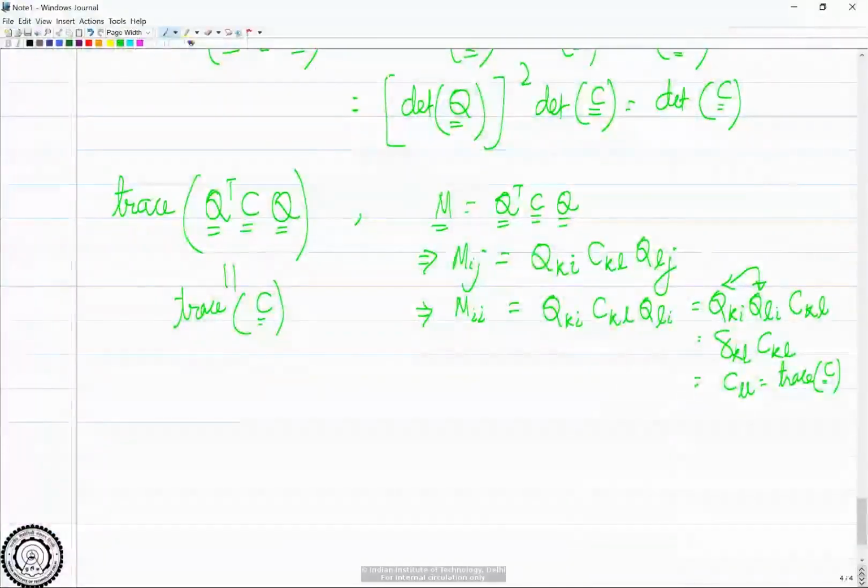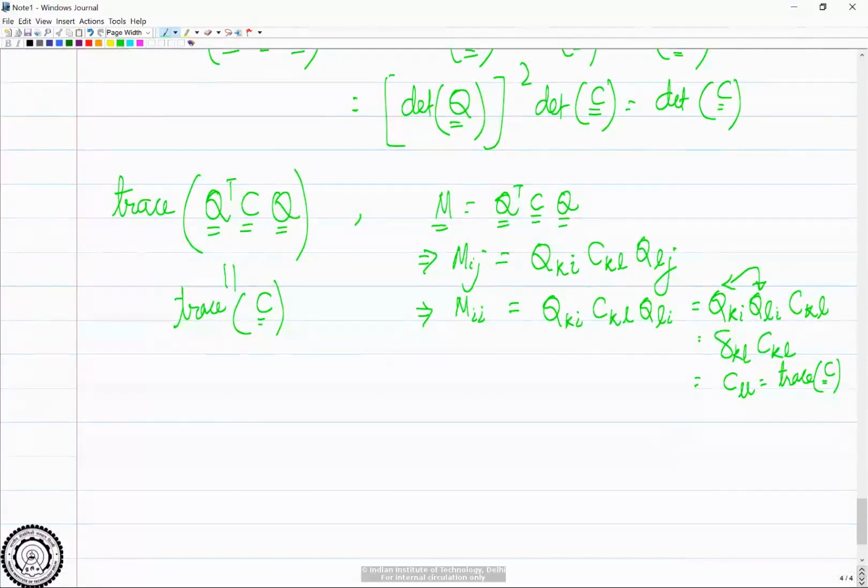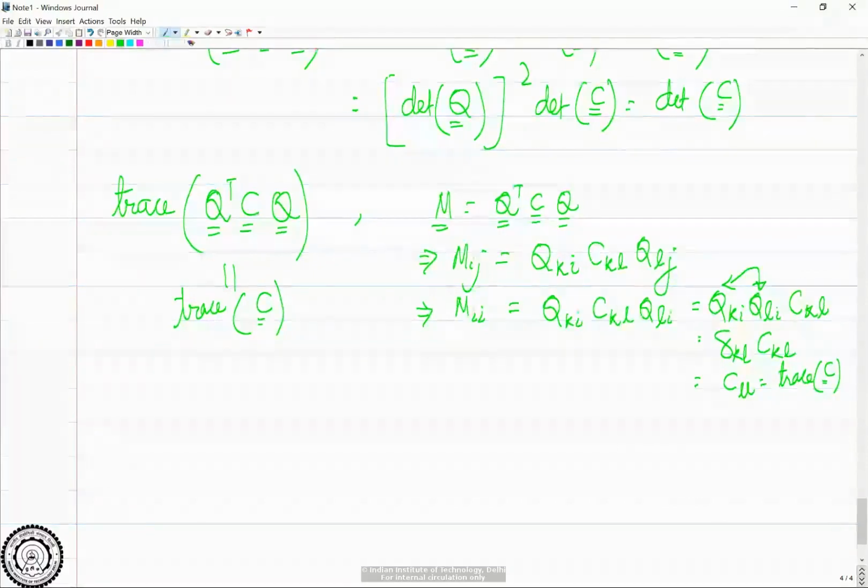Do you remember in your undergraduate course you had learnt about some invariants? When you were doing the stress transformation, did you find out some invariants? Yes, sir. What were they? Trace, determinant, and the sum of determinants of 2 cross 2 matrices. Yes, but do you remember them as first invariant, second invariant, and third invariant?